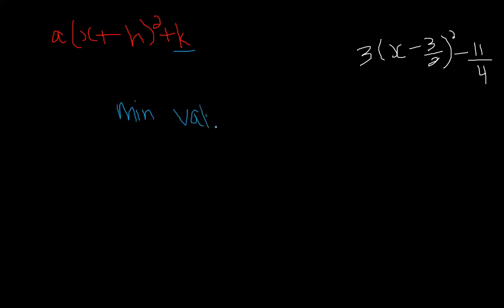All you have to do is look for K and tell me what's K. Anybody? Minus 11 over 4. Well, 7/4. And that would have been the answer right there. Everybody understands that? For the minimum value or for the maximum value, all you have to do is find your K. And that's the answer. Understand?